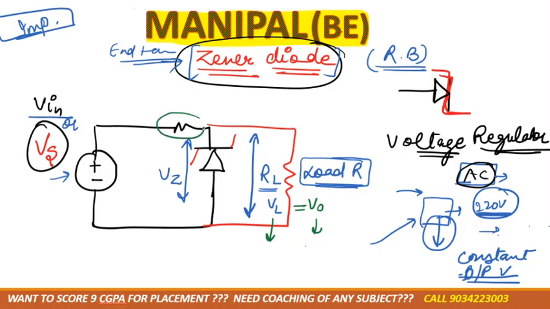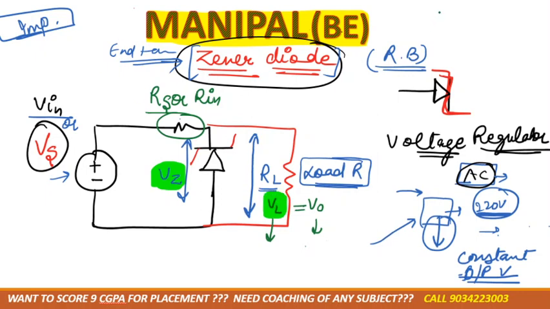Next, this one is the resistance connected in series with the supply voltage. Sometimes they call it RS, the series resistance, or the supply resistance, or sometimes the input resistance. Understood? Basically we have two categories of voltage: one is the zener voltage, another is the load voltage.